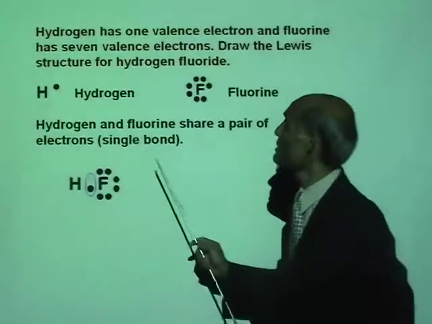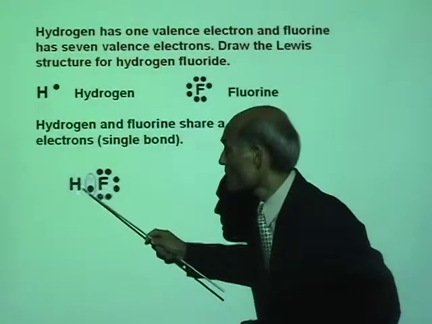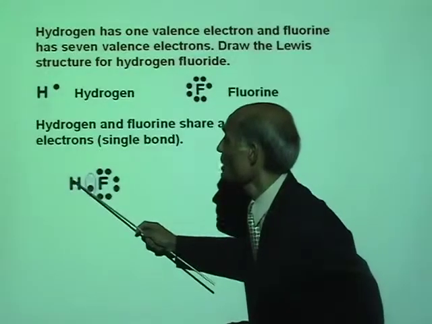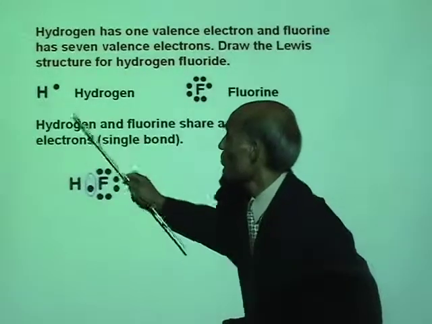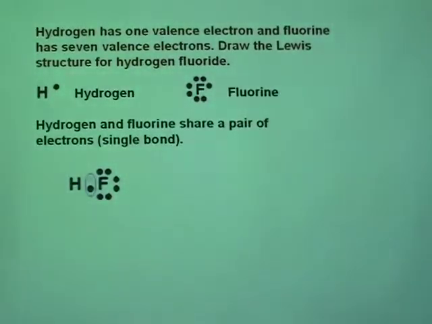And look at the way we're going to represent that. Now there are several representations. We can represent our shared electrons by this circle. In other words, hydrogen, which has 1 electron, shares an electron with fluorine. I need to make that a little clearer. There, this is the electron that belongs to hydrogen.